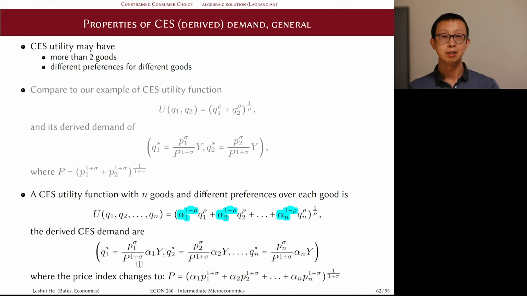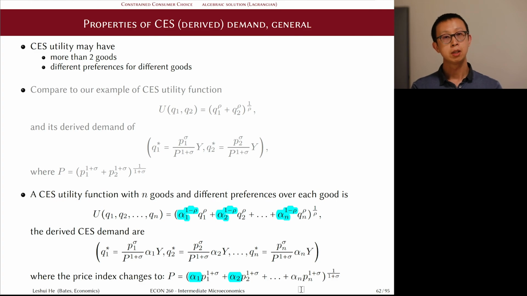It's just that now the price index is not only this geometric mean between all these prices, but also the prices have to be weighted by these preference shifters of alpha. But that's it. With a very small change in the price index, the CES utility function and its derived demand generalizes to offer a huge degree of freedom to model all kinds of interesting situations.